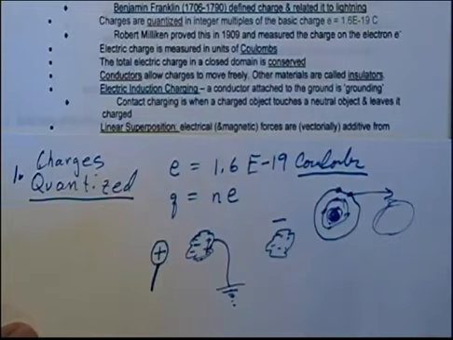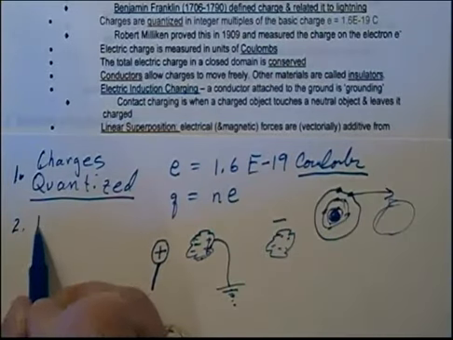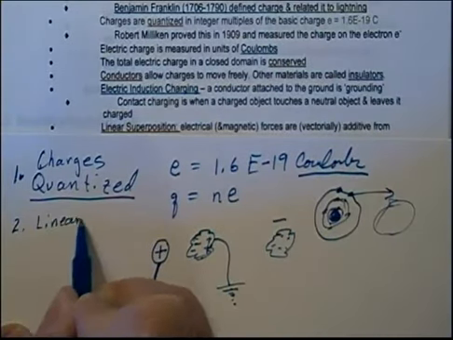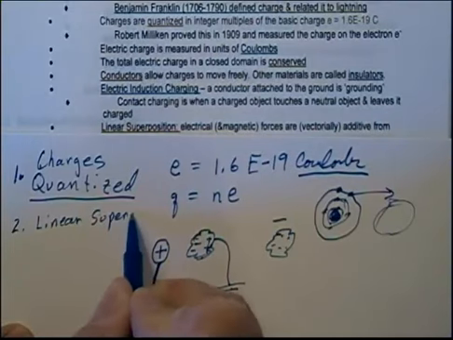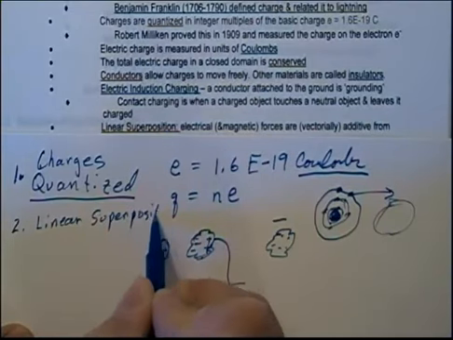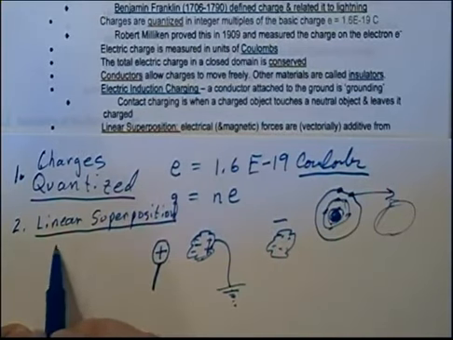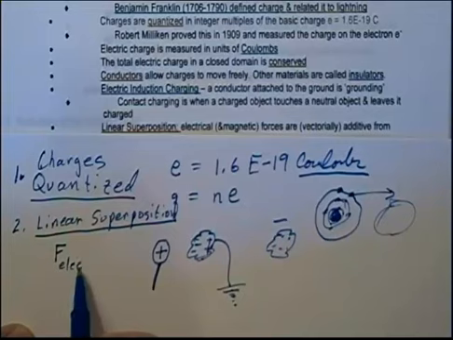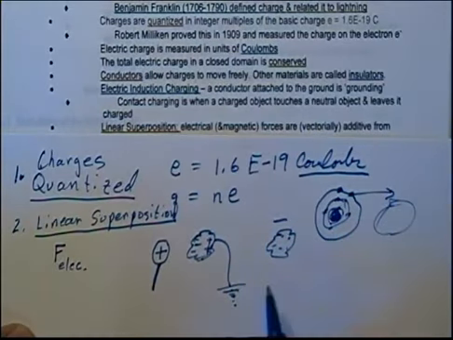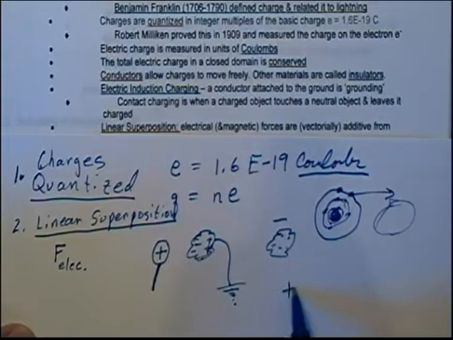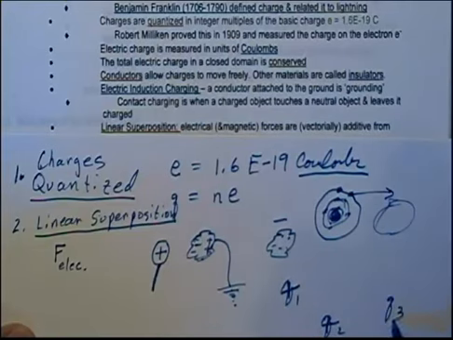One of the most important things about charges are linear superposition. By the linear superposition, we're referring to the electrical forces, which we'll talk about in the next section. And these electrical forces, like from one charge, let's imagine we have a positive charge here, another charge here, let's just call this Q1, we'll call this Q2, and have another one Q3.